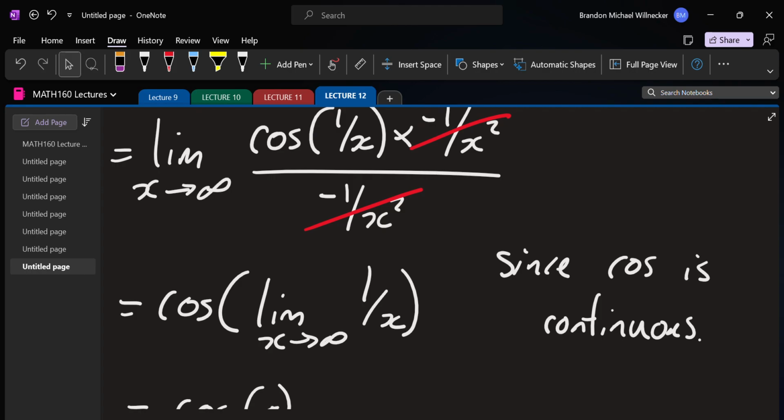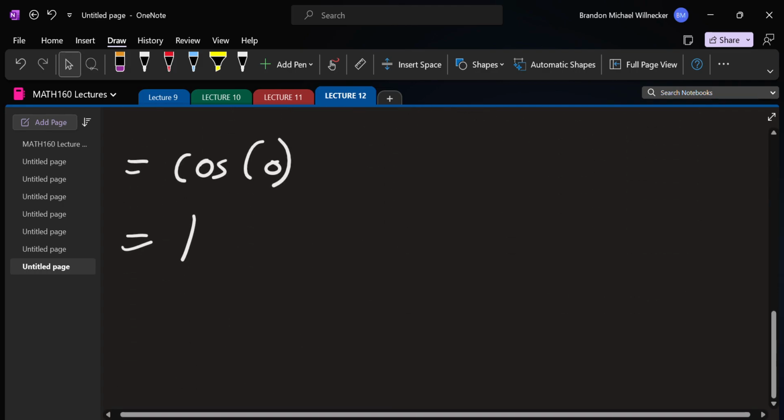Please don't forget these steps with the limit going inside and outside. With the limit on the outside, you might think you can't do the limit. But remember, cos is continuous. If we take the limit inside, the limit of 1 over x is easy, that's just 0.